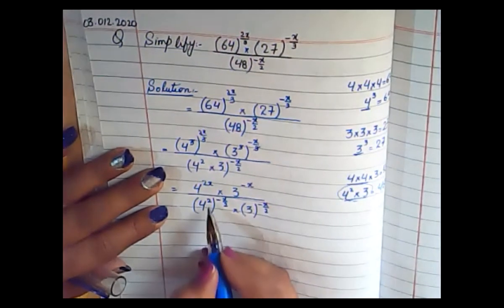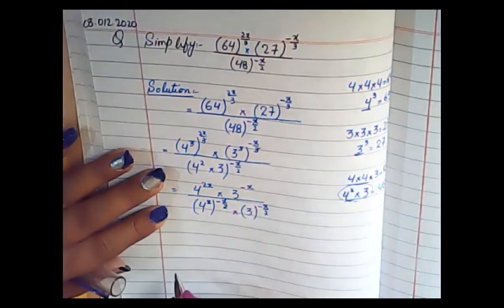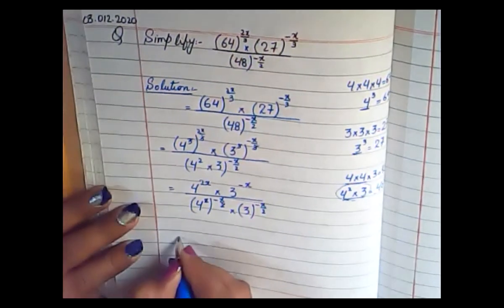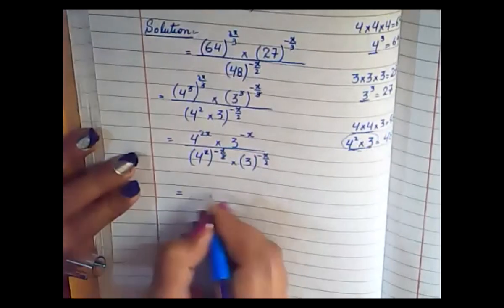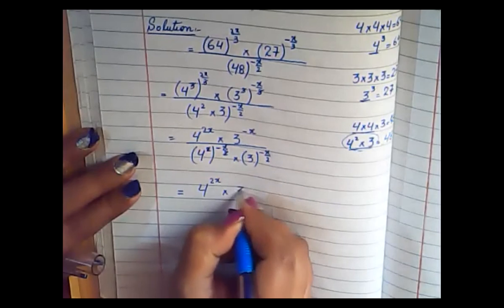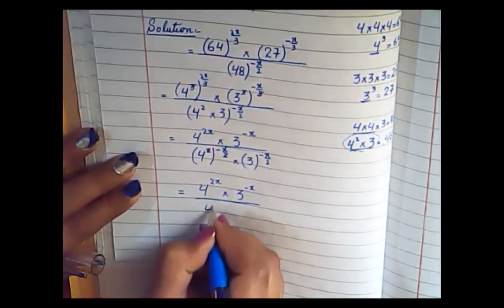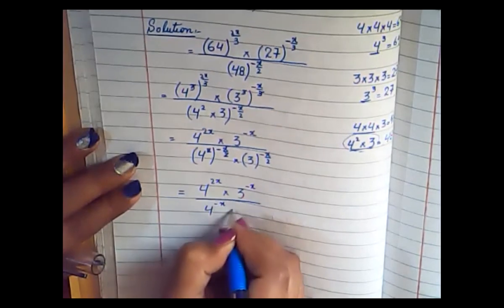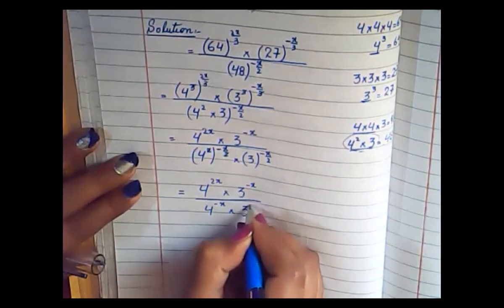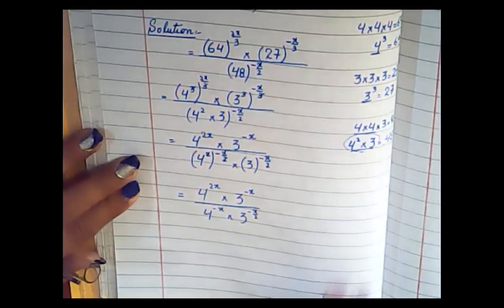Now as you can see, again you have 2 and 2, so this 2 will be cancelled with this 2. Now what will be left here? Simply you will have 4 to the power 2x multiplied by 3 to the power minus x, divided by 4 to the power minus x multiplied by 3 to the power minus x upon 2. Okay, these things have been left here.